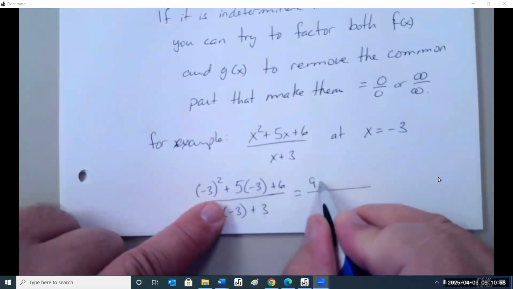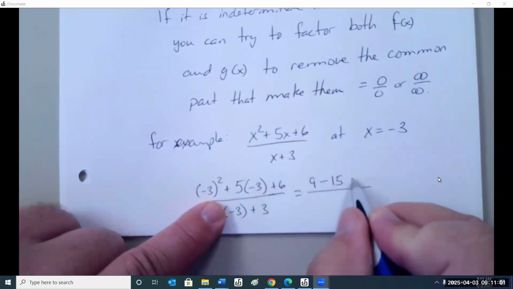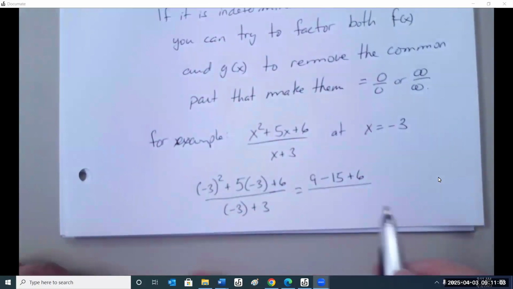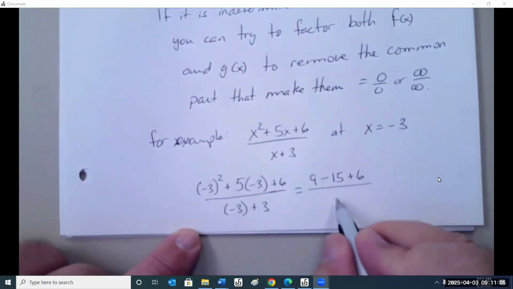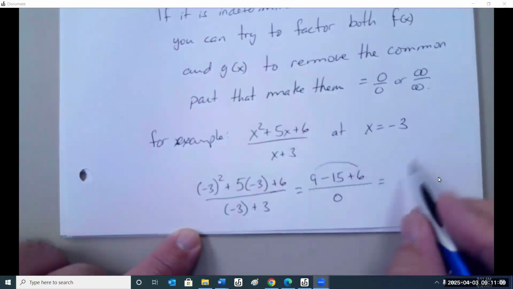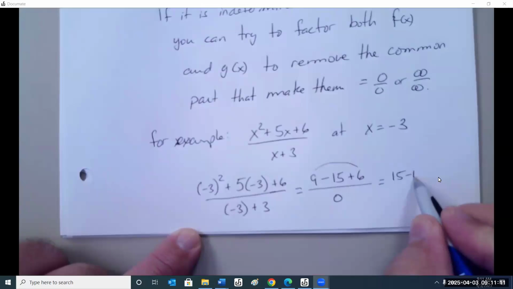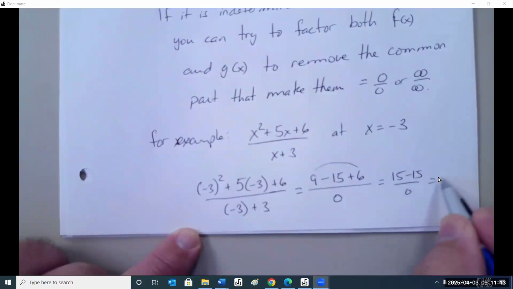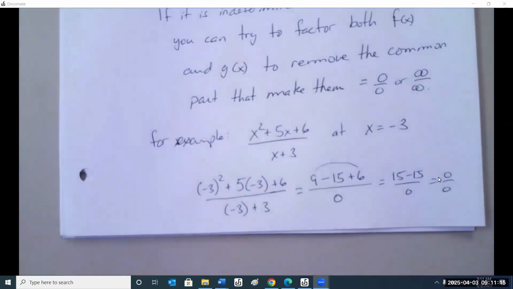Positive times negative is negative. 5 times 3 is 15. Plus 6. -3 plus 3 is 0. 9 plus 6 is 15. 15 minus 15 is 0 over 0.